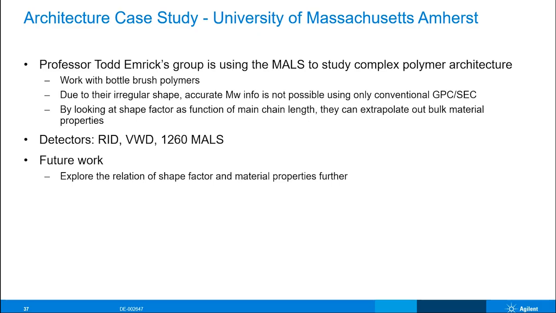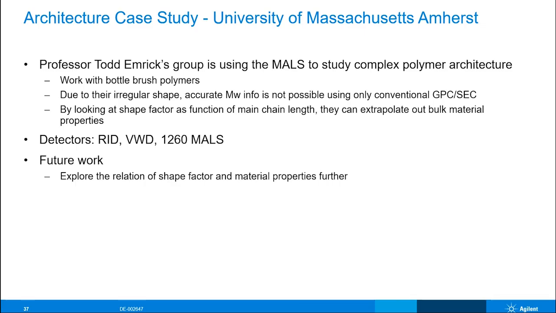Taking a look at what the Emmerich group is doing with these bottle brush polymers, we'll take a peek at figure C. Initially, when we have 19 of these bottle brush repeat units, we have a shape factor of 1.18. This is indicative of something that's behaving like an ideal coil in solution.